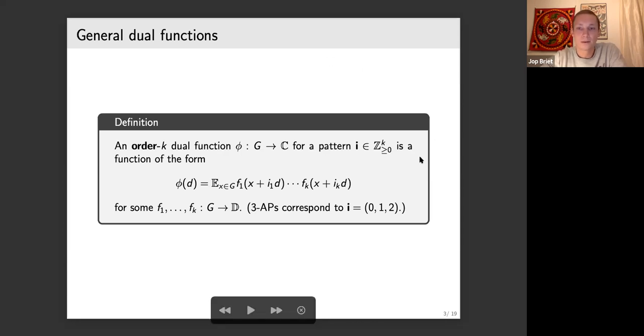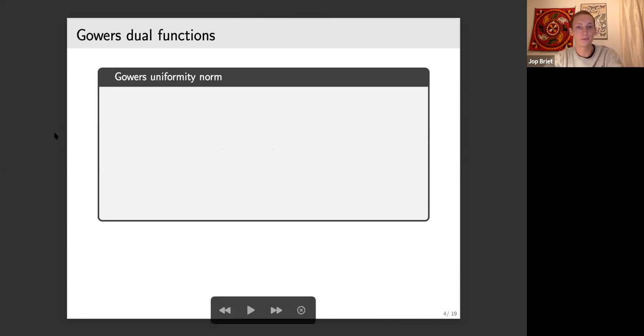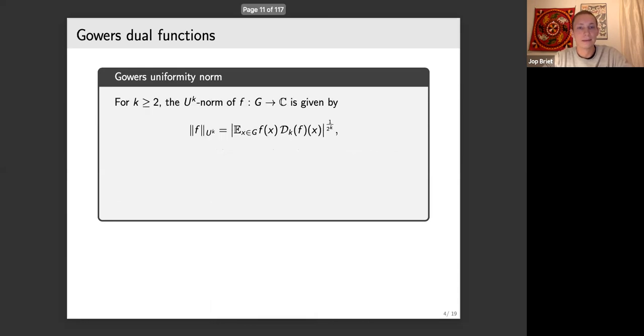Now I realize that the word dual functions could be confusing, because this term is also applied to functions associated to the so-called Gowers uniformity norms. I expect many of you know what these are, but if you don't, don't worry. For a function, its Gowers k uniformity norm can be given in terms of the inner product of this function with a version of this function that I'll denote by Dk of f.